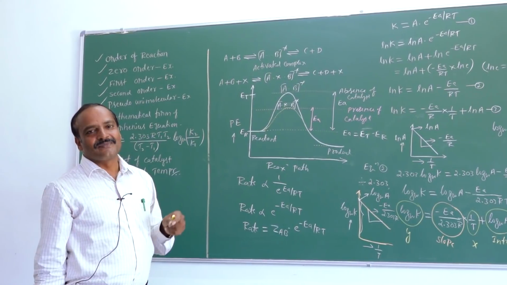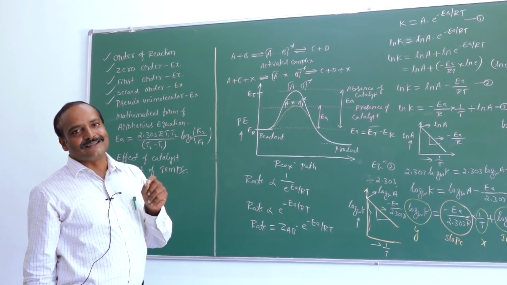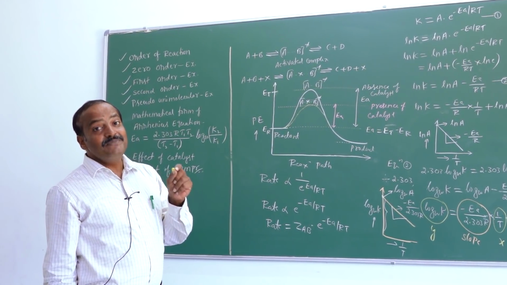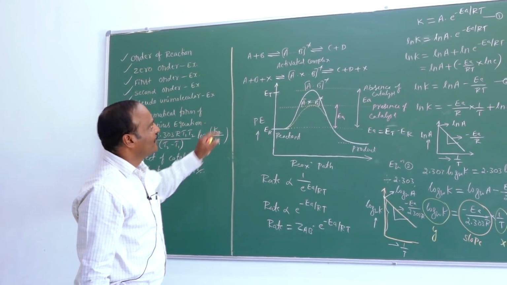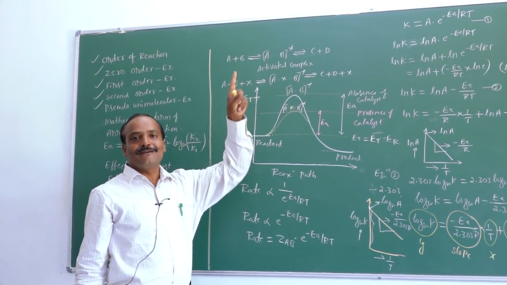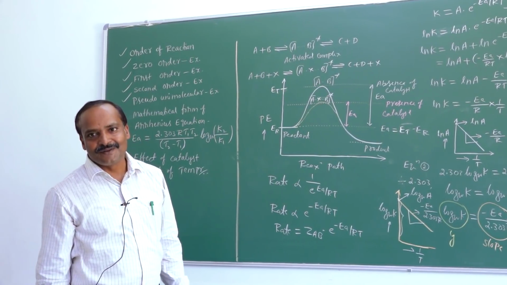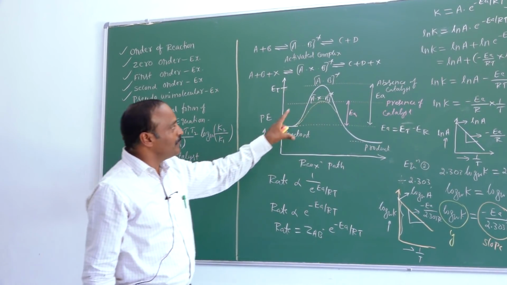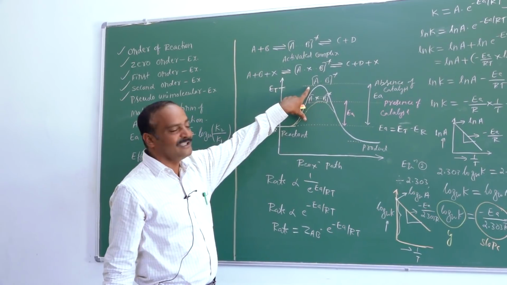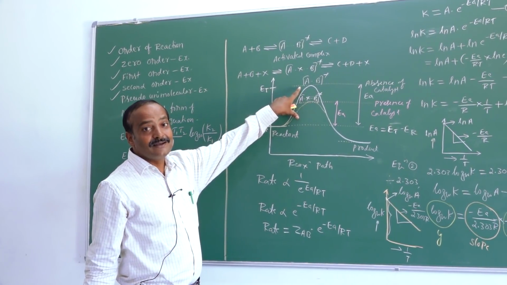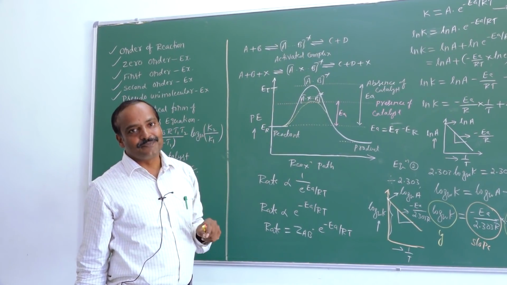Consider a reaction that occurs in the absence of a catalyst. The activated complex A dot dot B star is formed, which has a higher activation energy, which means the reaction occurs slowly.